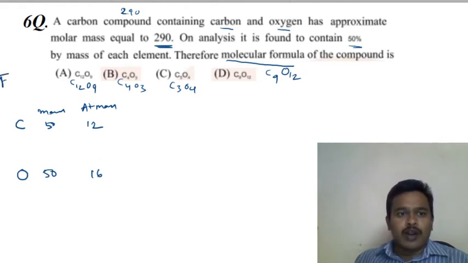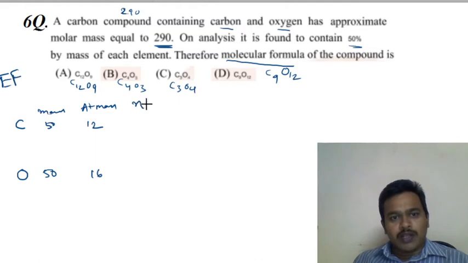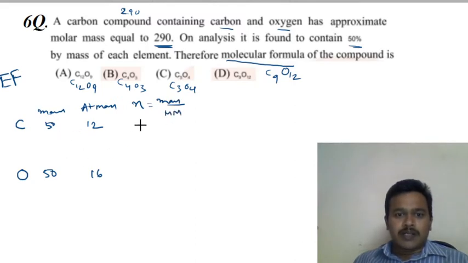We know how to find the empirical formula this way, using mass and atomic mass. After that we find the number of moles. How can you find the number of moles? Mass by molar mass. The mass given here is 50%, so 50 by 12 and 50 by 16.